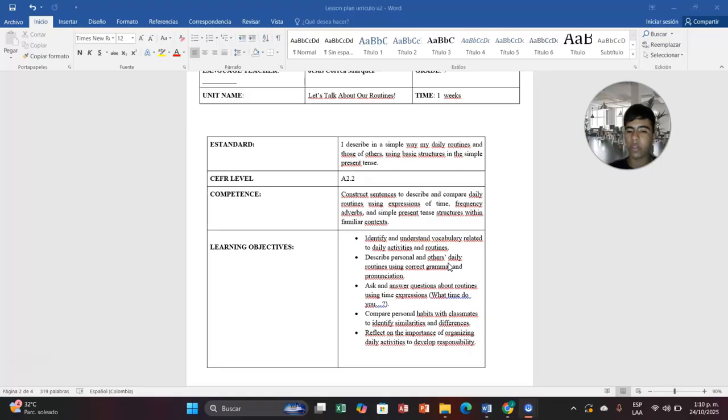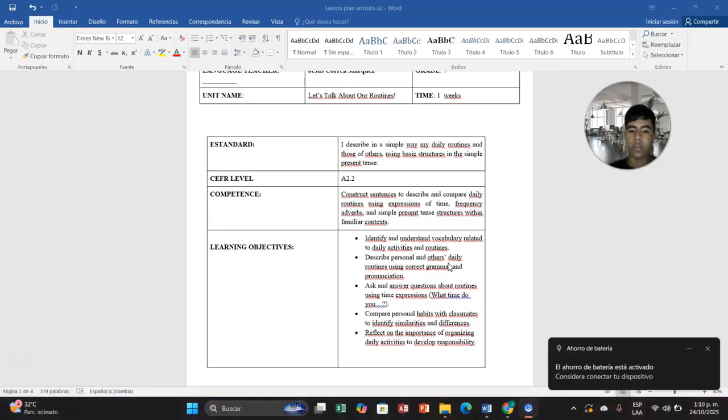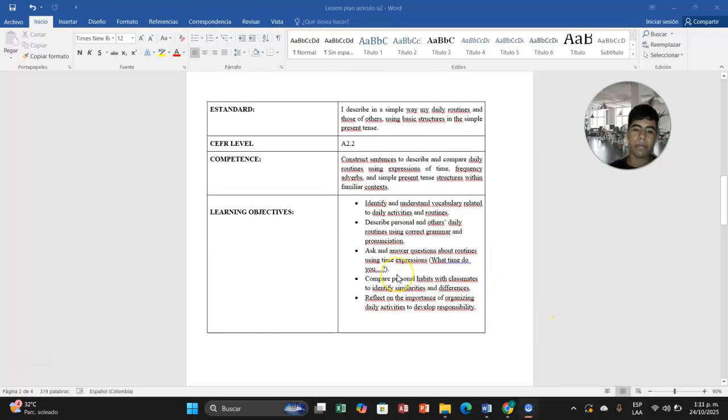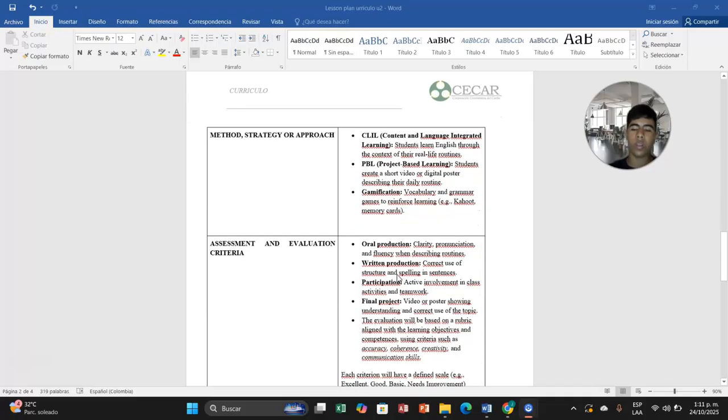And compare personal habits with classmates to identify similarities and differences. Next one, reflect on the importance of organizing daily activities to develop responsibility. Yeah, that is also pretty important to take into account.